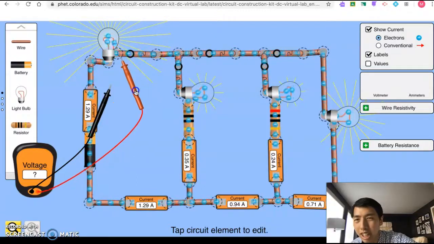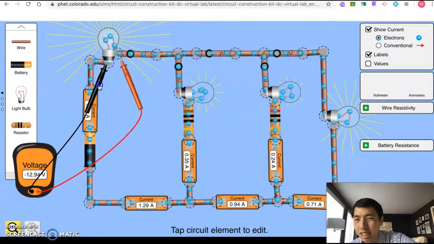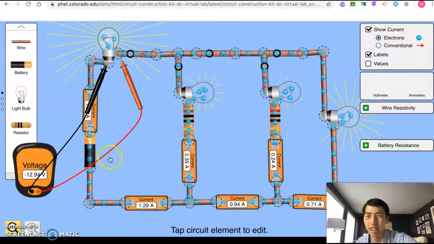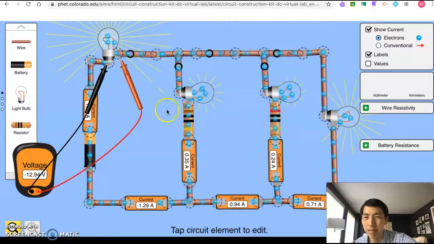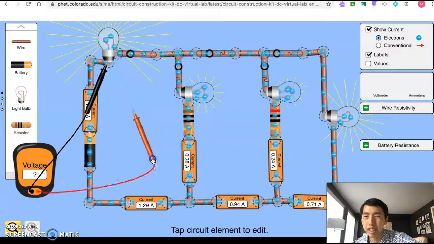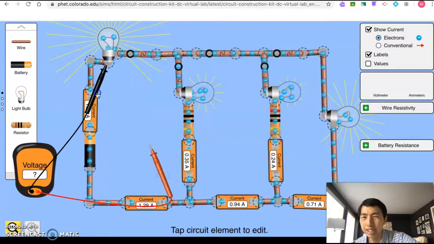So let's check that. And it's negative 12.94. Okay, so it works. These three voltages add up to negative 20 to balance out the positive 20 volts from the battery.